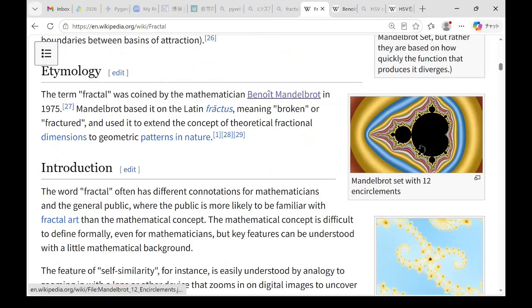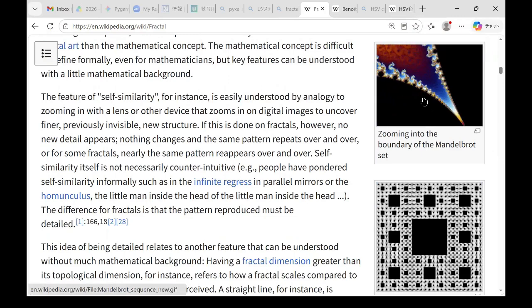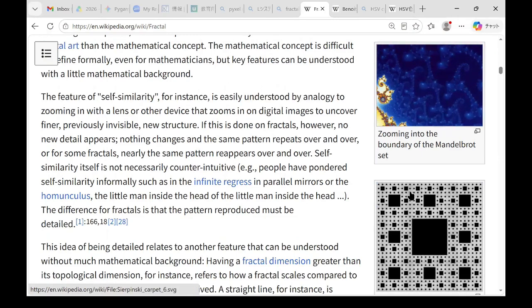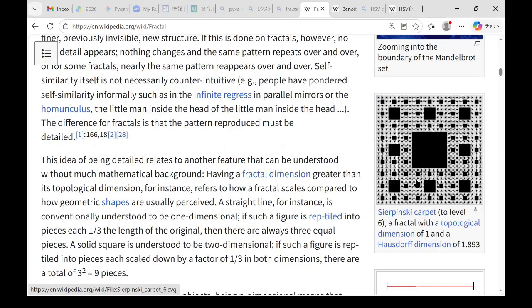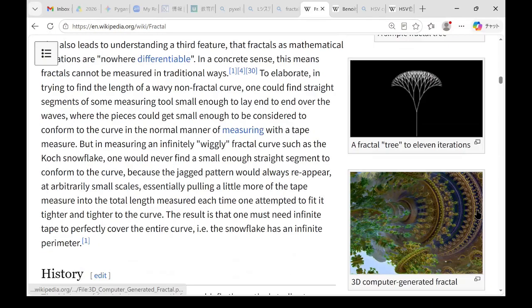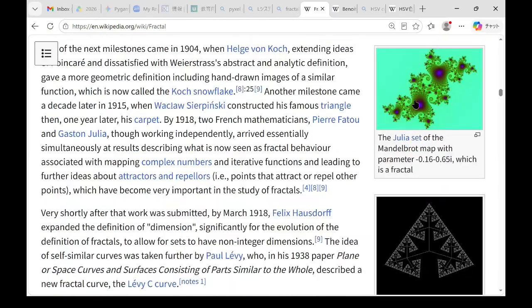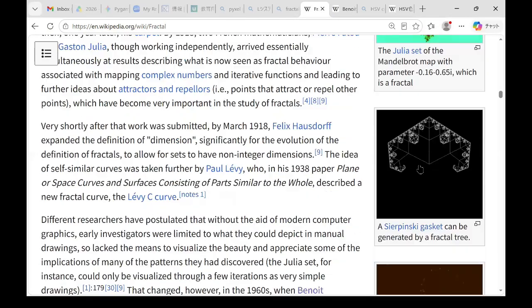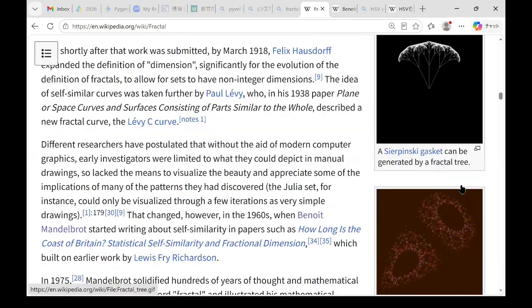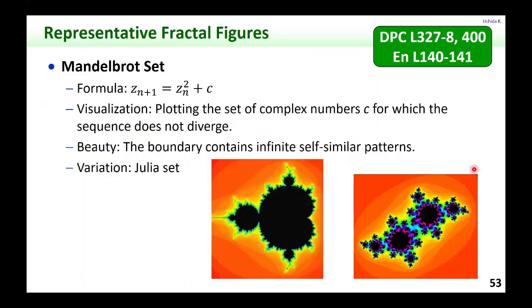So here is the Mandelbrot set. This is zooming of the Mandelbrot set. Sierpinski carpet, fractal tree, and all these variations. Julia set, Sierpinski gasket. So I can show many variations if you want, but let me go on.